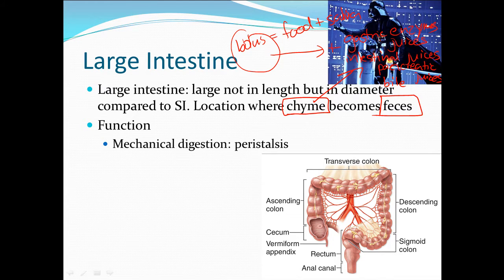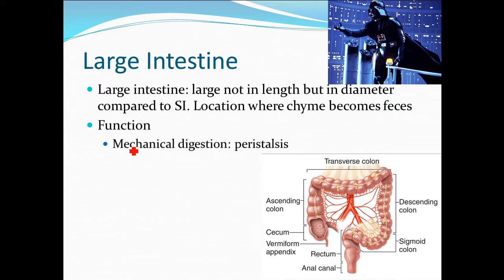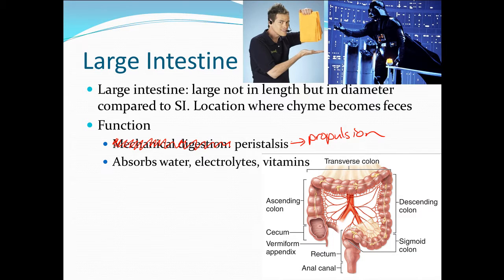So its function, one, is that there is peristalsis. Once again, peristalsis is not technically a mechanical digestion. What is peristalsis again? It's just moving proportion of the feces in this. It absorbs some, but very minimal.